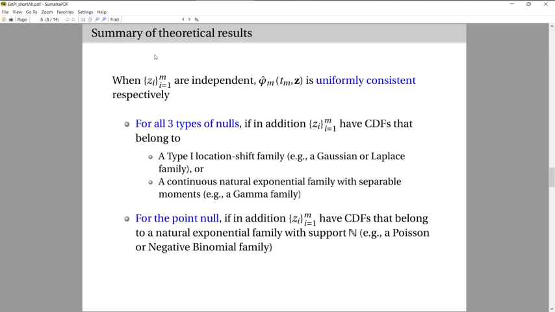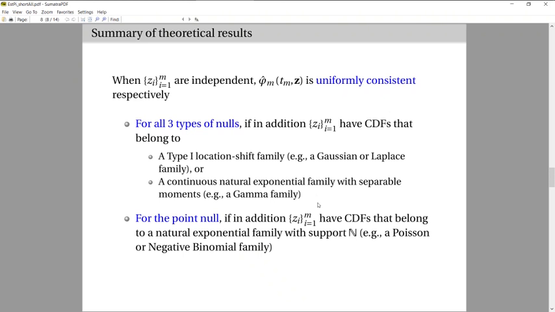Nonetheless, here is the summary of theoretical results for the new estimator. When z_i's are independent, the new estimator is uniformly consistent, respectively, for all three types of nulls, if in addition z_i's have CDFs that belong to a type 1 location shifter family, such as a Gaussian or Laplace family, or a continuous natural exponential family with separable moments, such as a gamma family.